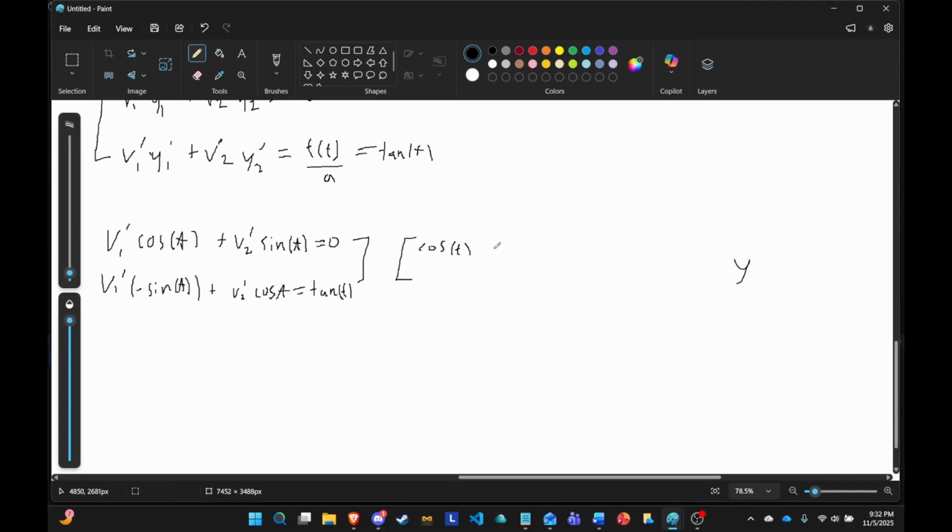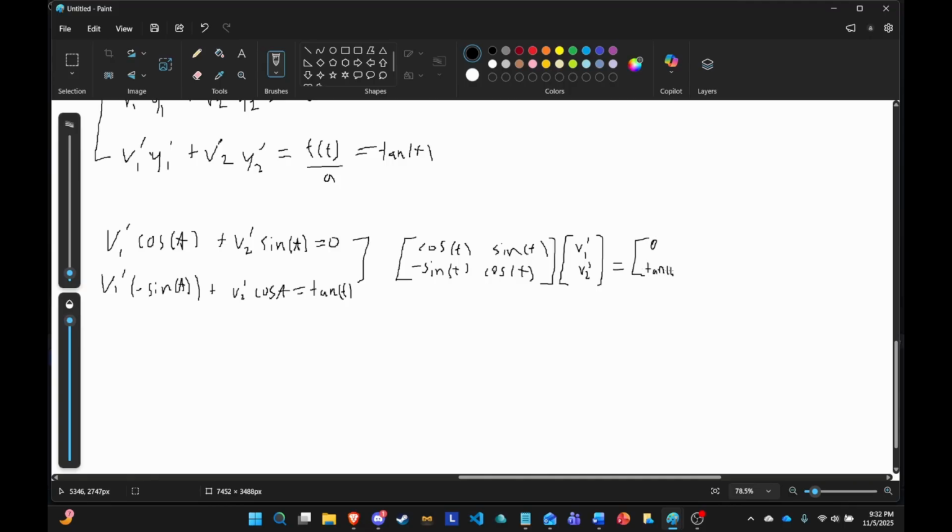We have cosine of t, sine of t, and then negative sine of t, and then cosine of t. This matrix multiplies our unknowns of v1 prime and v2 prime, and that's going to be equal to the right-hand side, which is 0 on top, and tangent of t on the bottom.